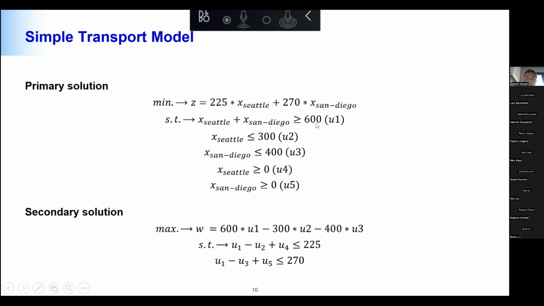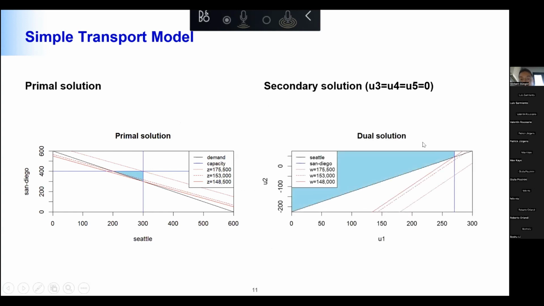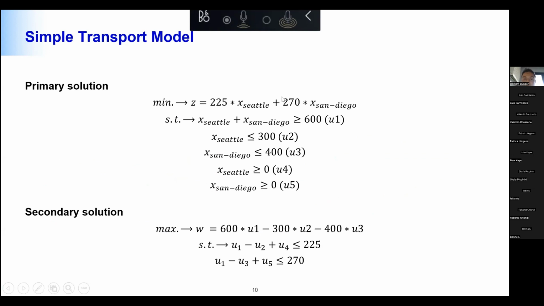This means that if we increase our demand by an additional unit, from 600 to 601, we can benefit from additional production from San Diego with a value of $270, which is our U1 value. And our U2 value is actually the difference between the value from transport from San Diego, $270, and transport from Seattle, which is $225.